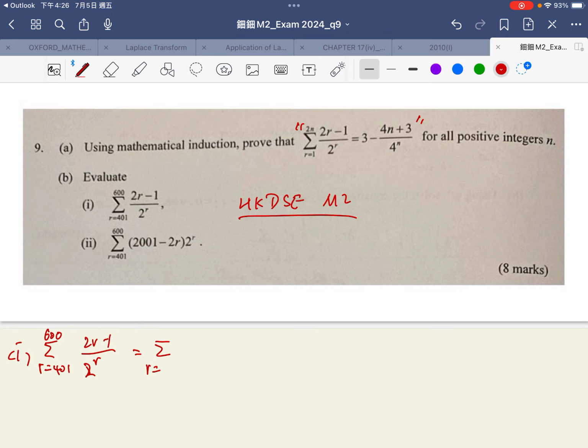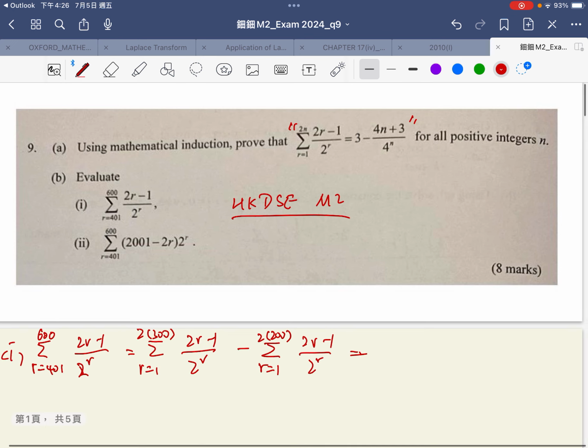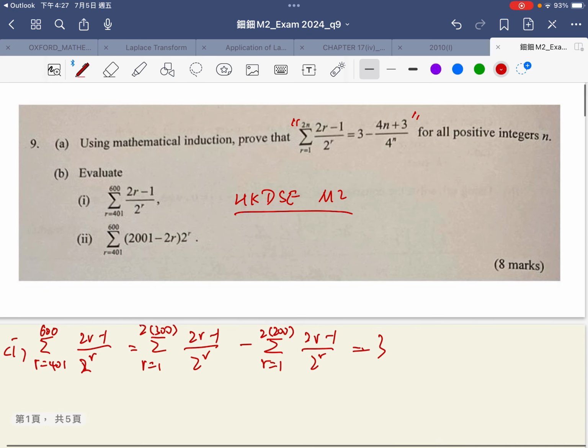We can divide it into the sum from 1 to 600, where 600 is 2 times 300, minus the summation from 1 to 400, where 400 means 2 times 200. Now I can apply the formula above.